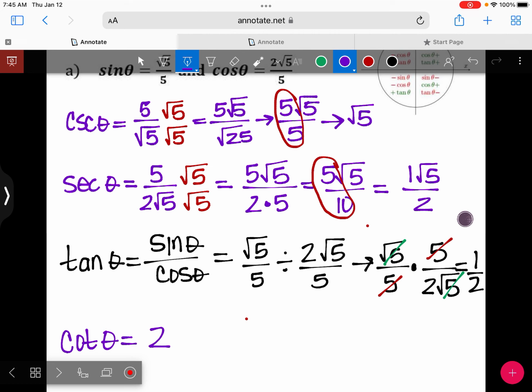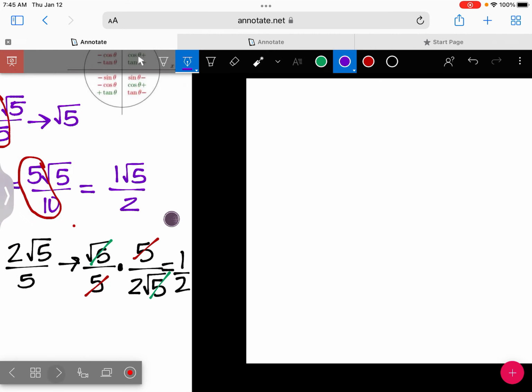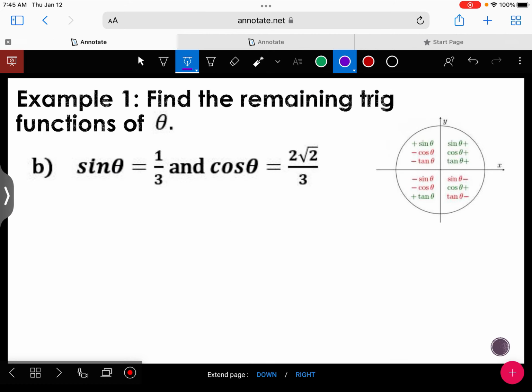Okay, let's do another one. So take a minute and see if you can do this one by yourself. So now the sine is 1/3 and the cosine is 2 root 2 over 3. And we need to find all 6. Or the remaining 4.